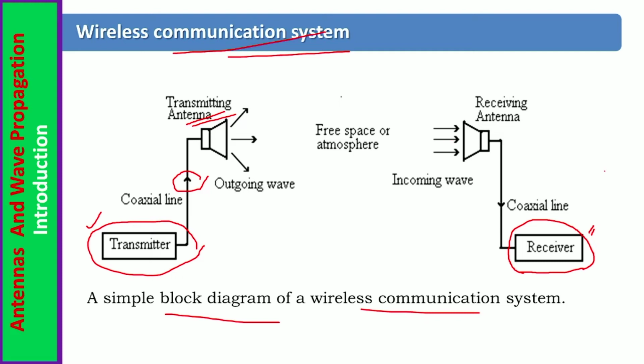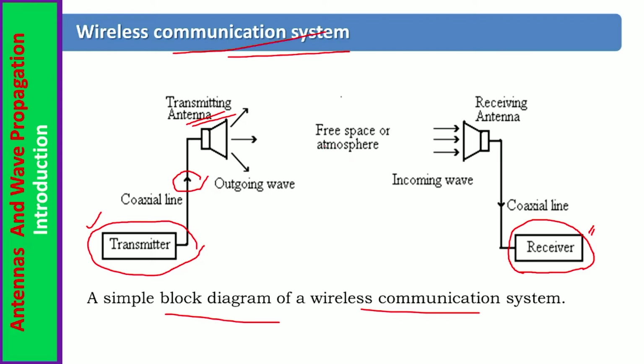The signal emitted by the transmitting antenna travels in different directions, and it all depends upon the directive nature of the transmitting antenna. Most of this signal then travels towards the receiving antenna.